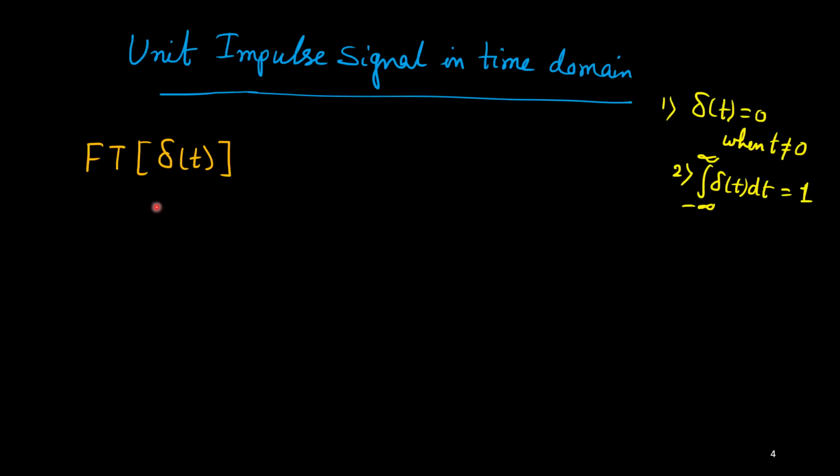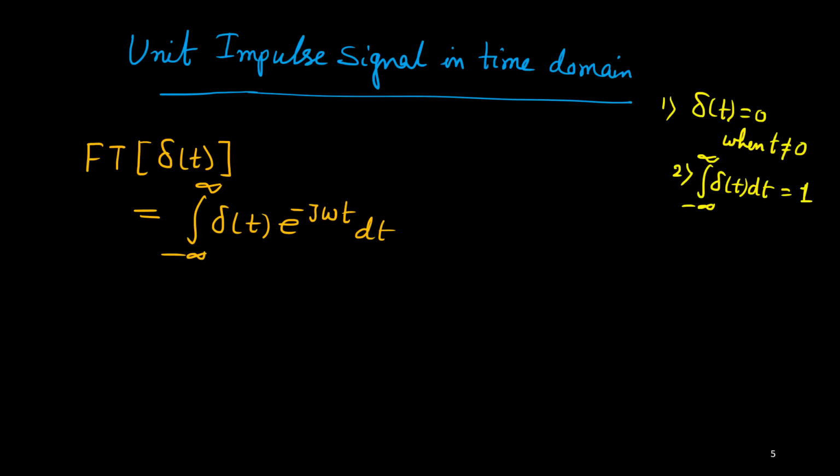Now we try to compute the Fourier transform of del t signal using the definition of the Fourier transform. The Fourier transform is the integral of del t times e to the power minus j omega t dt.